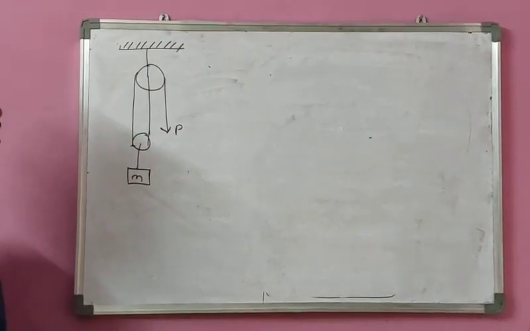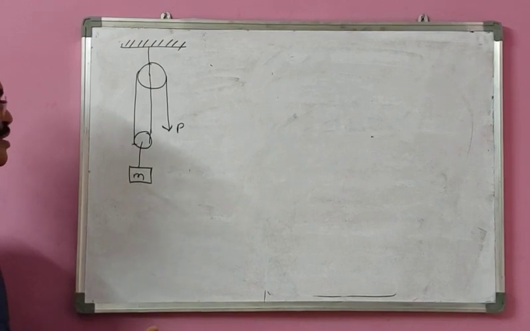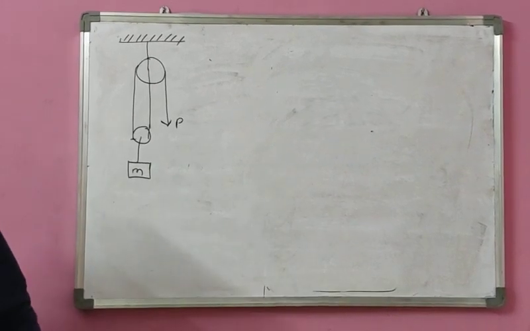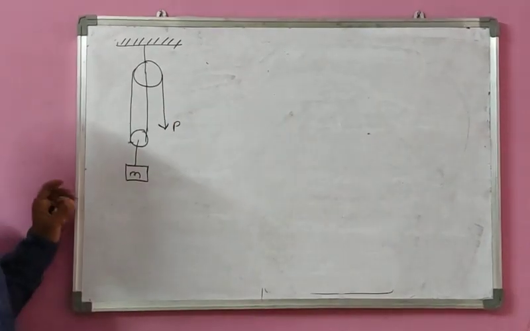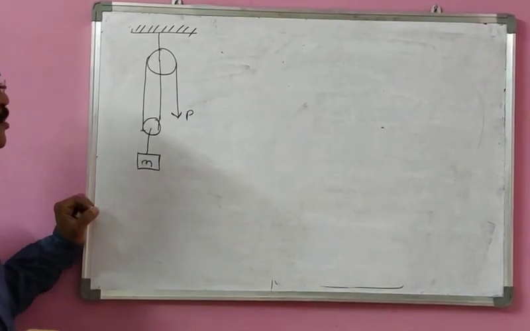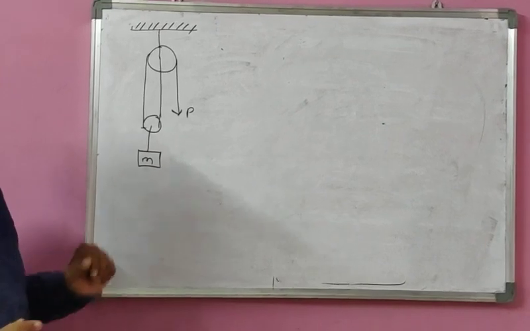So when the system is left here, it was given that the point P goes up by L. So what is the potential energy of the system?